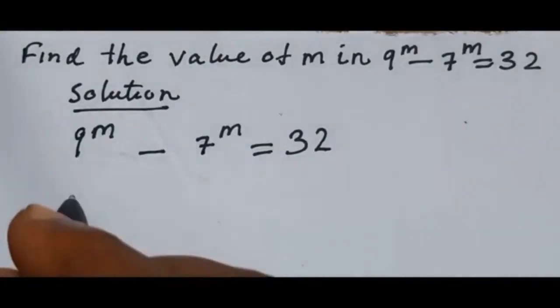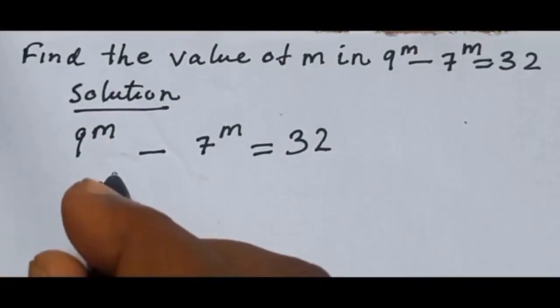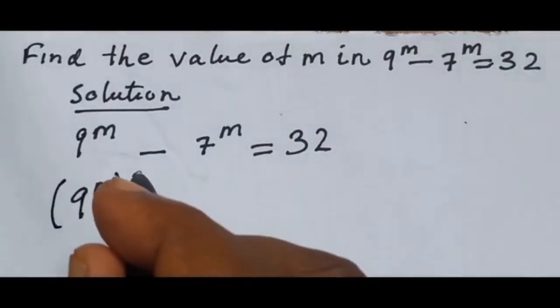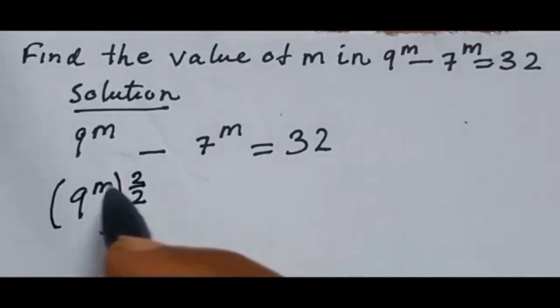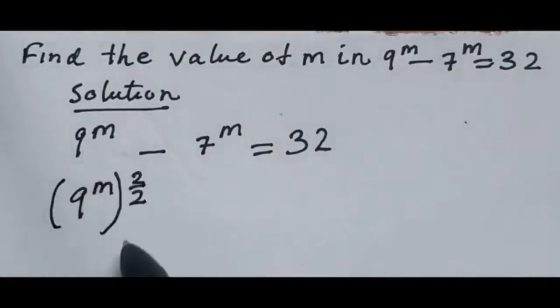Take this one, which is 9 raised to power m, put it in the bracket, and then raise it to 2 over 2, because 2 over 2 is 1. 1 times m, the answer is m. So we have not changed anything. This is just manipulation.